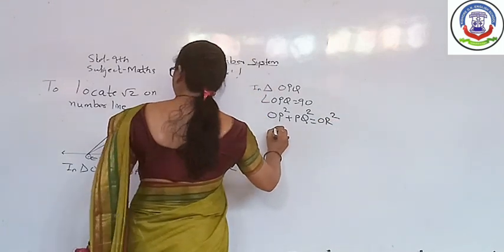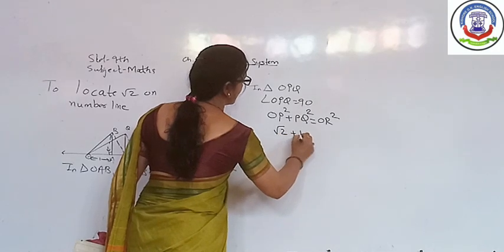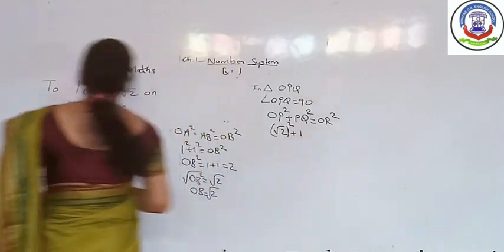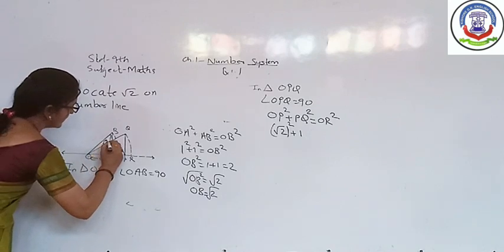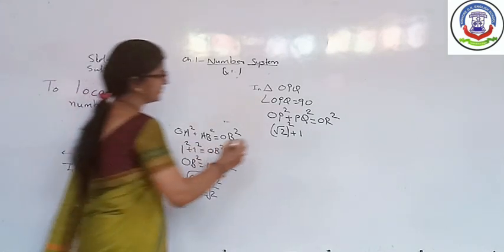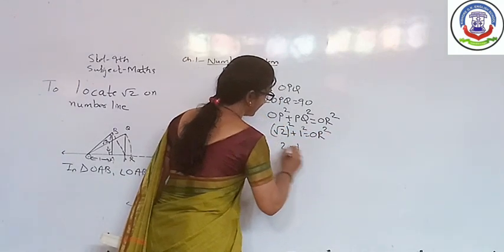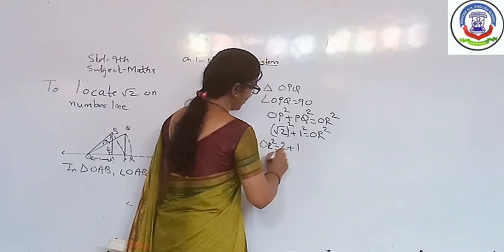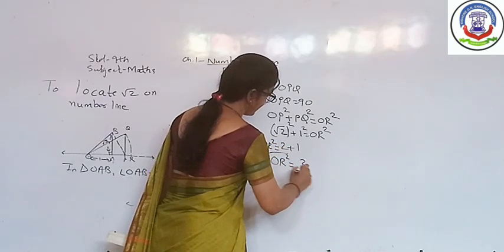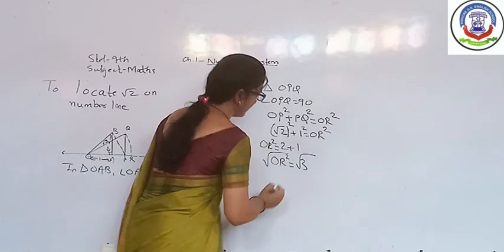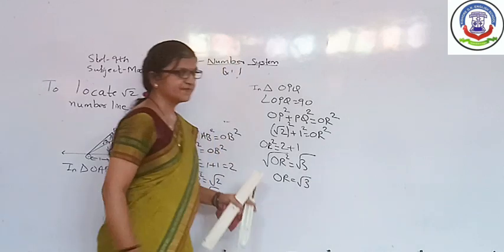OP is root 2, PQ is 1. This is root 2, so OR square is equal to 2 plus 1. So, taking square root both sides, OR is equal to root 3.